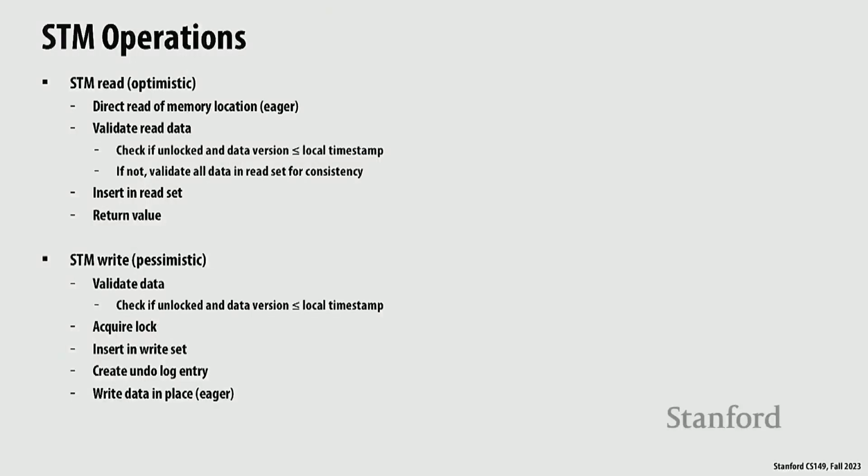So if it's locked, then what do you know about the data that you're trying to read? Yeah? It could be invalid. What do you know specifically about the data that you're trying to read? It could be stale because someone else could be writing.